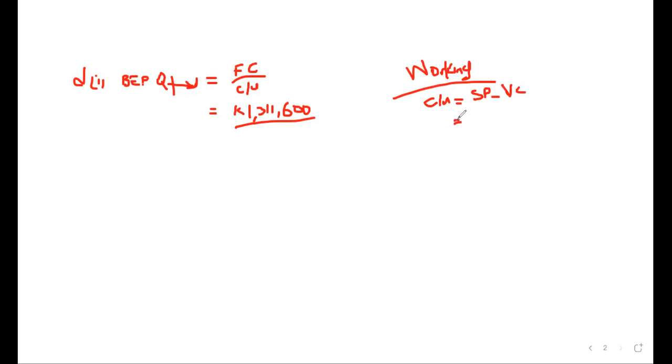We are already done with our new selling price after increasing it by 5%. So our new selling price in this regard is 8,400.